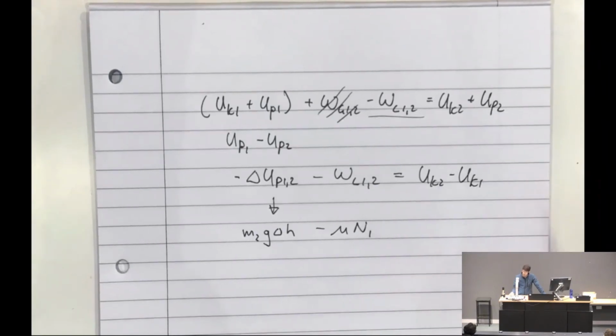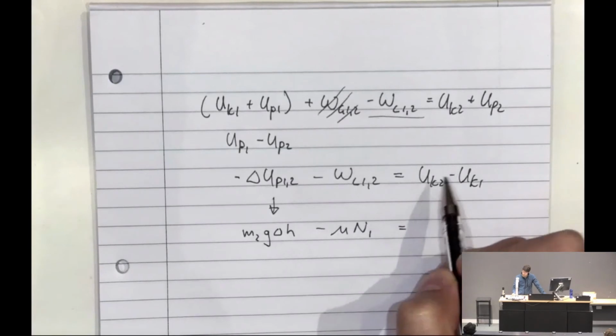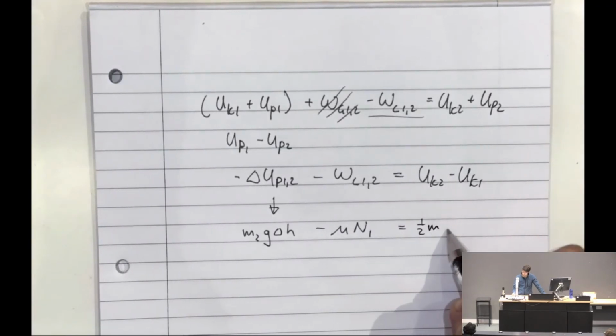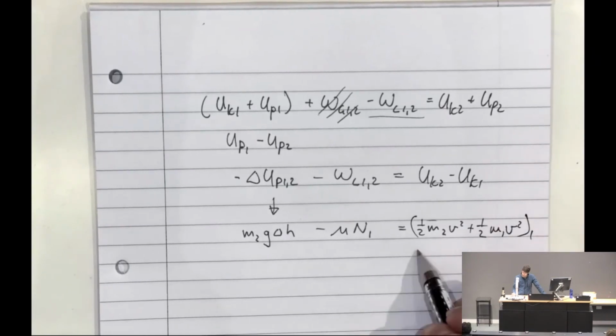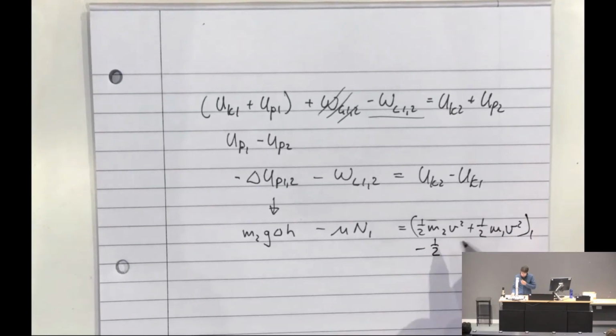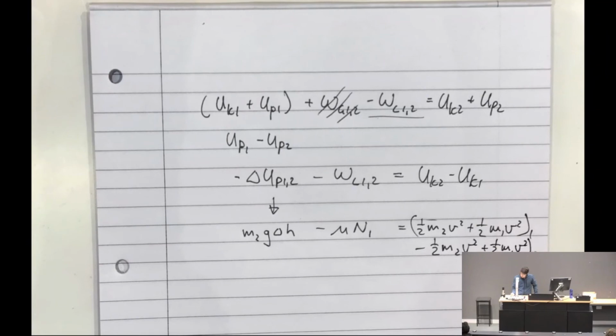Normal force is also mass times gravitational acceleration, and that equals then K2, which is a half mass 2 v squared plus a half mass 1 v squared for state 1, minus a half mass 2 v squared plus a half mass 1 v squared for state 2.